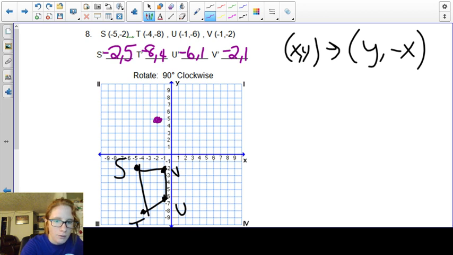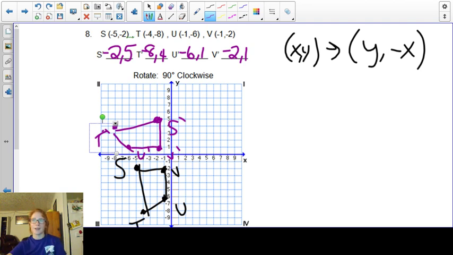Then -8, 4. Then -6, 1. And -2, 1. There we go. We got them rotated.